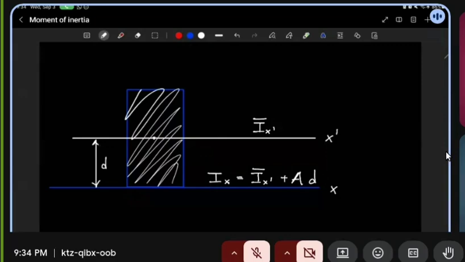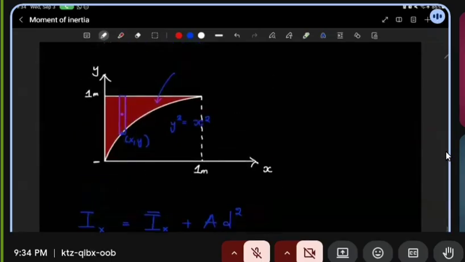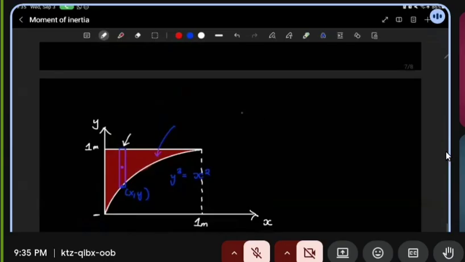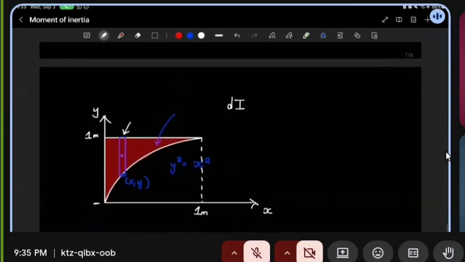Now, this is the theorem itself, but we are deploying it not for the whole structure. To use it here, we are defining a different shape, a rectangle there. The rectangle we are getting the moment of inertia for is actually a differential area. So we're using the parallel axis theorem on a differential area. Meaning we'll get the moment of inertia for the differential area using the parallel axis theorem.